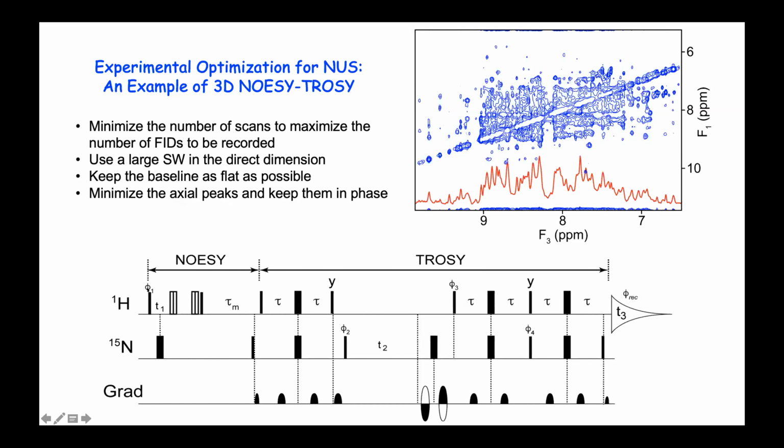And then we make sure that the axial peak is in phase. To do that, we cannot use 90-180 phase correction, meaning that we should not have a delay for the first time point of T1. So there I put an echo here, the 180 composite pulse, for better RF offset performance and also for reducing the impact of RF inhomogeneity.